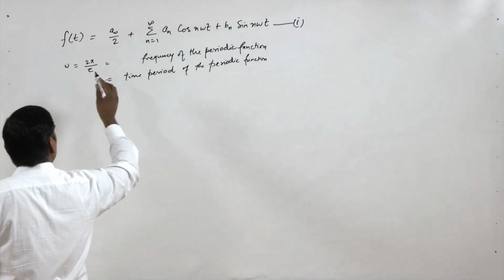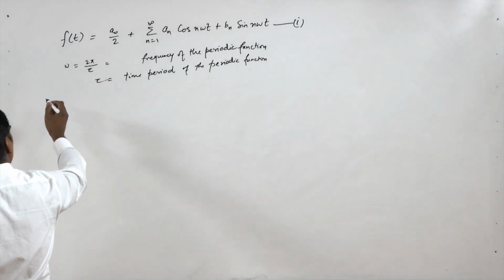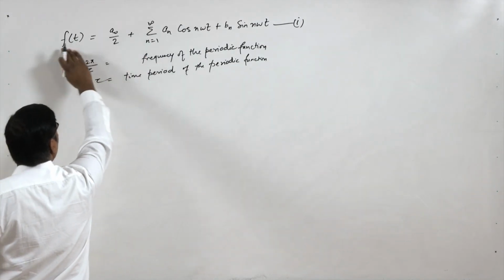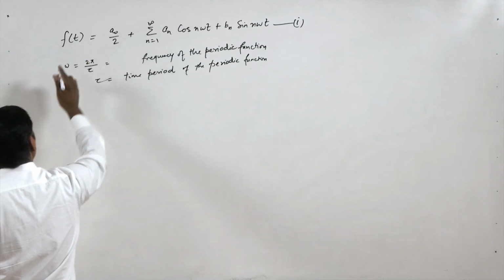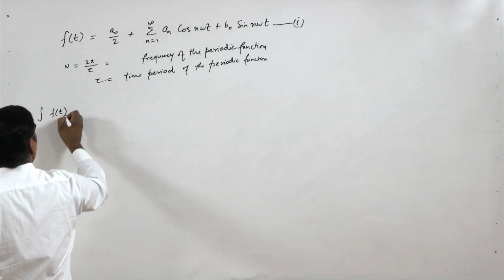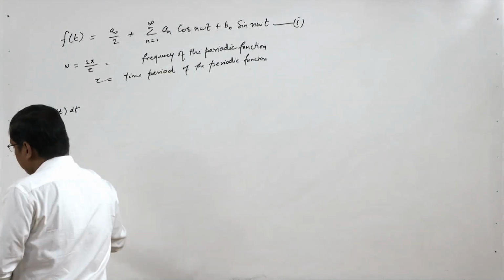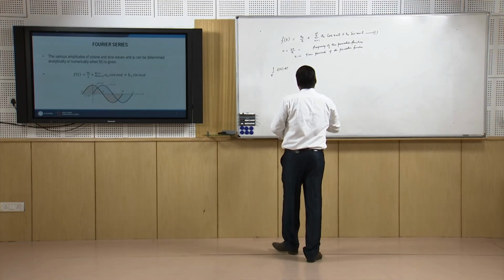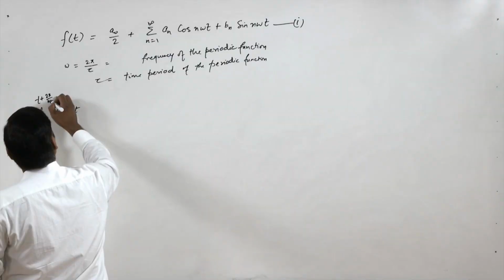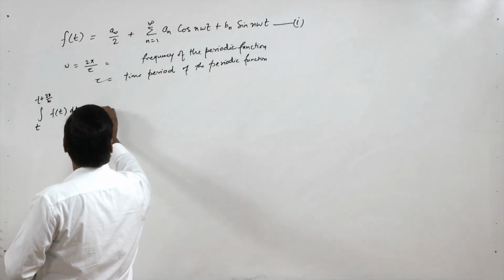So what we do, we integrate both sides of this equation with respect to t for one cycle. So integrate f(t) dt for a cycle, from any instant of time t to t plus 2 pi by omega. So for one cycle, 2 pi by omega is the time period, and we integrate.